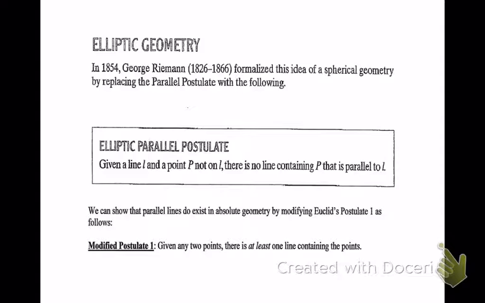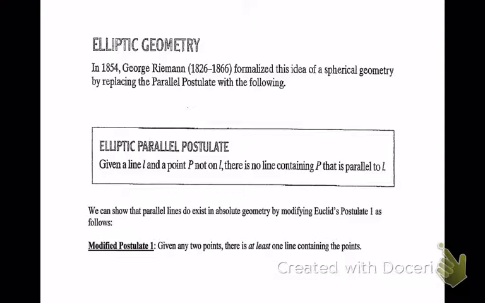In 1854, Riemann formalized this idea of spherical geometry by replacing the parallel postulate with the following. The elliptic parallel postulate: given a line L and a point P not on L, there is no line containing P parallel to L. So that was in that picture we had drawn in the previous slide.